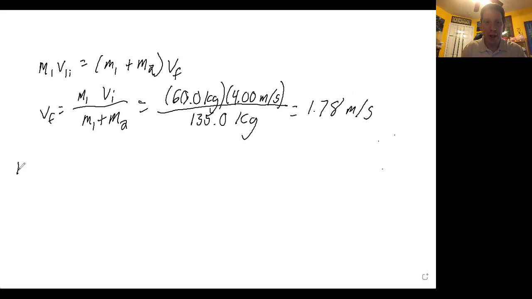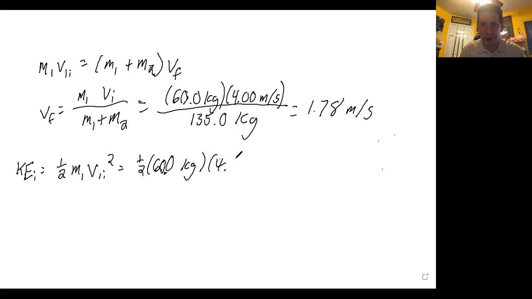So let's figure out the initial kinetic energy. That's equal to 1/2 m1 v1I squared. And so that's 1/2 times 60.0 kilograms times 4.00 meters per second.